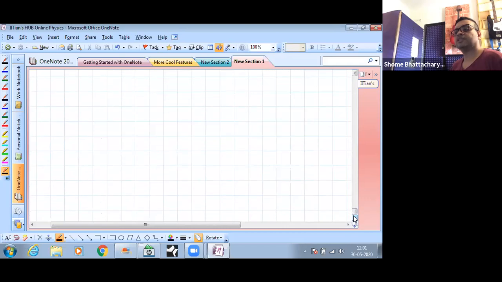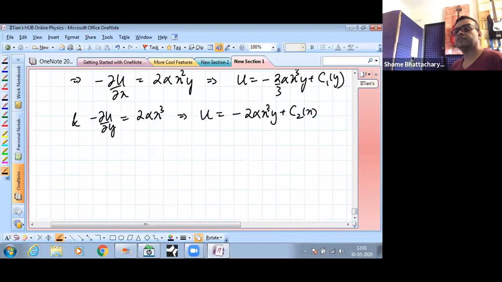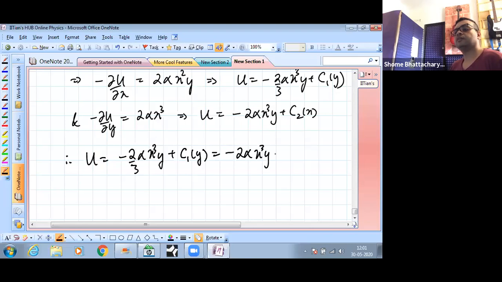There has to be a potential energy formula which exists, which matches both the first condition for Fx and the second condition. So it has to be such that minus 2 by 3 alpha x cube y plus some function of y should be equal to minus 2 alpha x cube y plus some function of x.